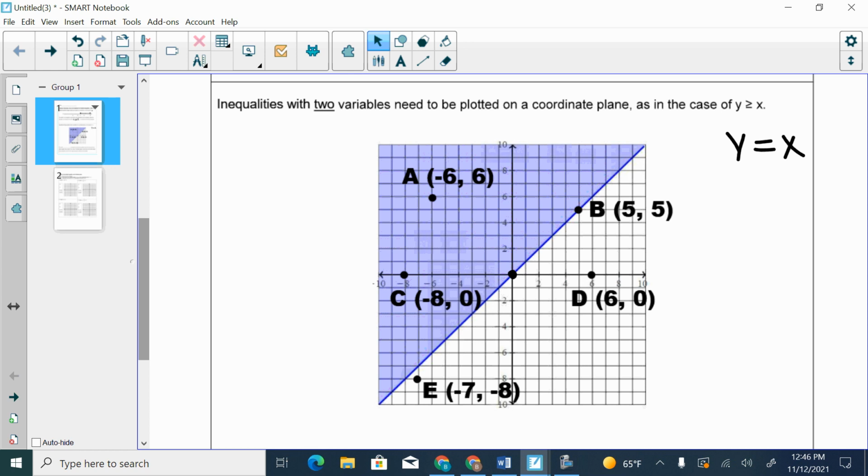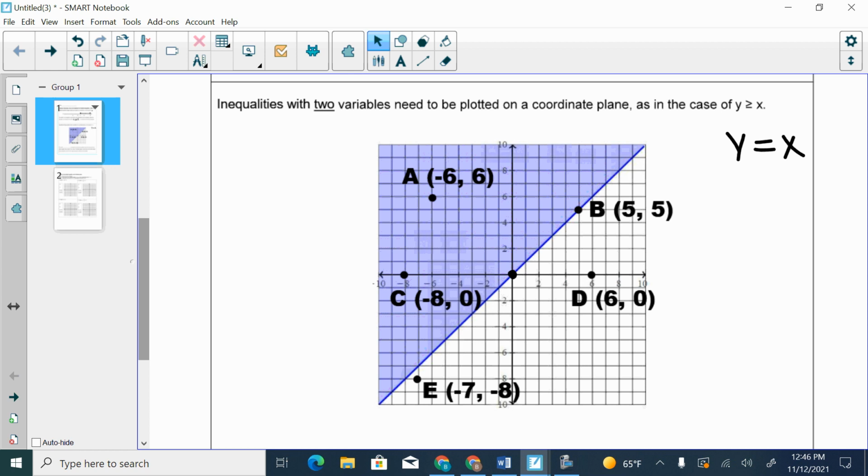But then they went back and read it, and it said that y had to be greater than x. So y has to be greater than this line, right? So if this is the line, things are greater when you're on top of it, not when you're underneath the line, right? So that's why they shaded everything above that line, okay?